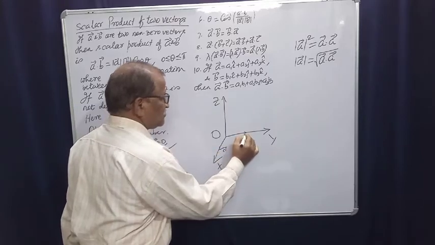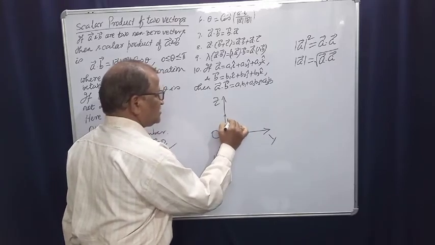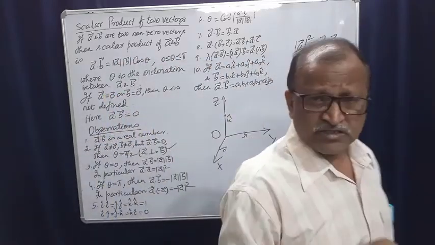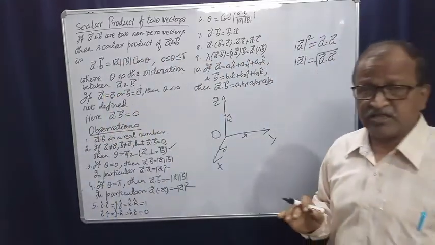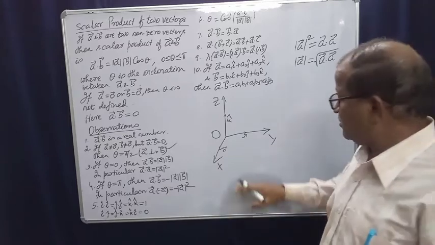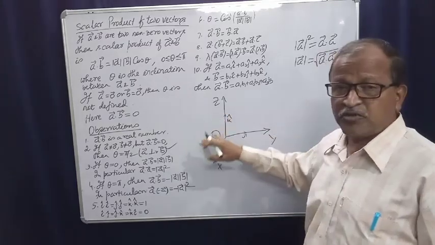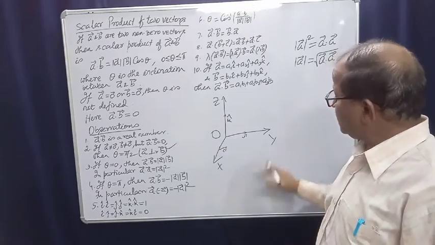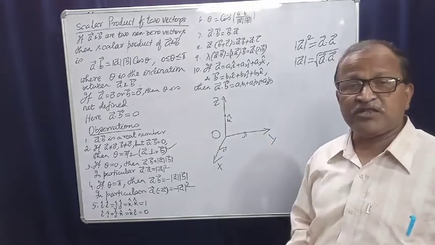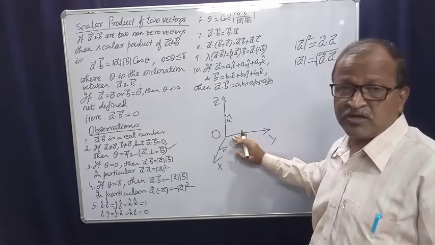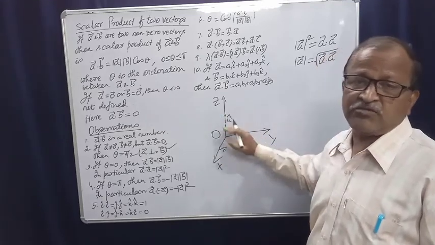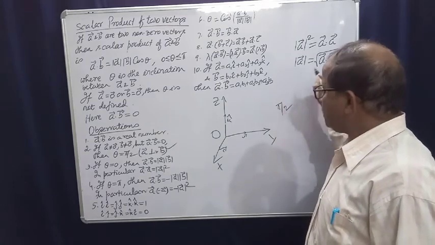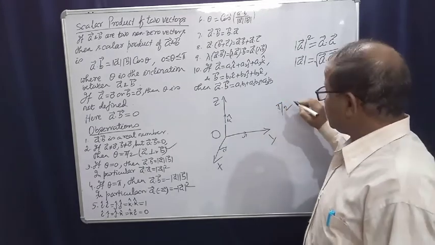In this direction, the vector is j cap. In this direction is k cap. Now you see all these three vectors i, j and k are perpendicular to each other. So the inclination between any two of them will be what? Pi by 2.